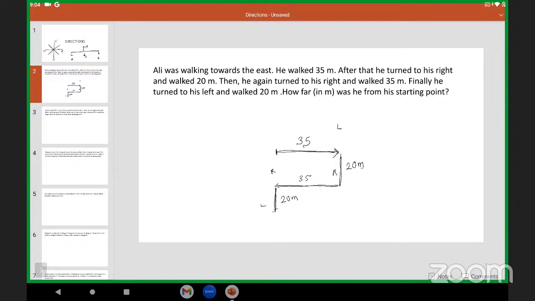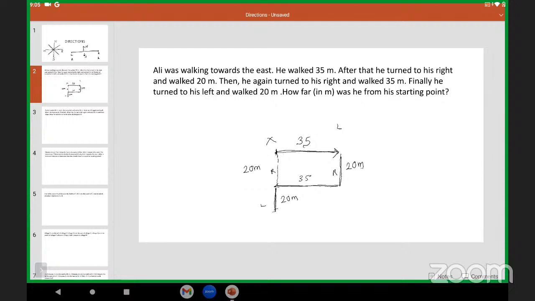Now the question they are asking is, how far is he from his starting point? If you look at this, the original point was over here. So let us say this was X, the original point, and now he has walked around. This line from X to this point is parallel. It forms a rectangle.